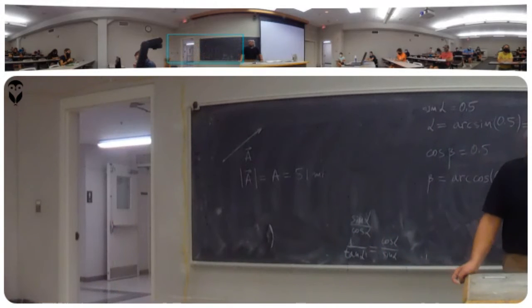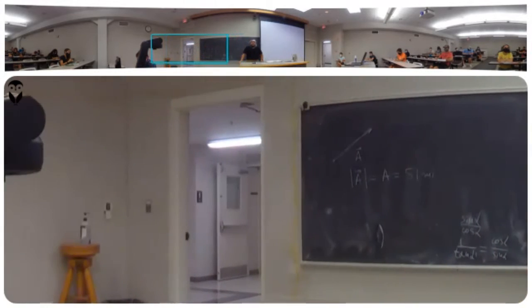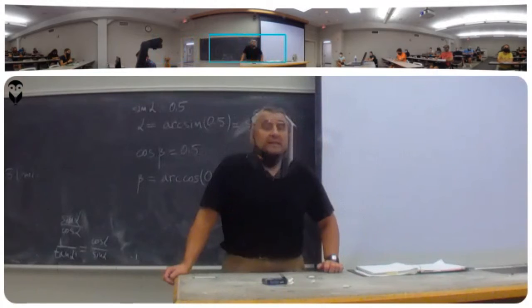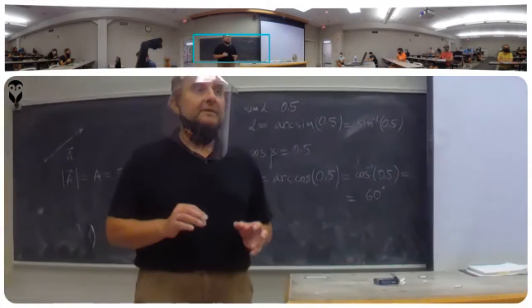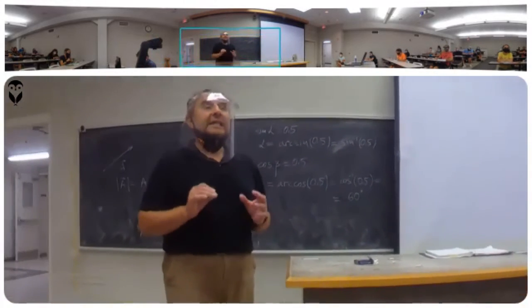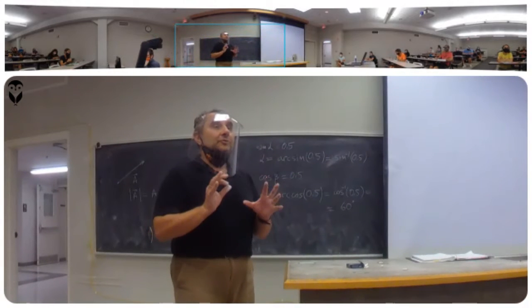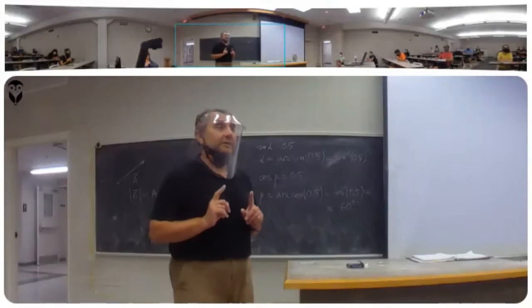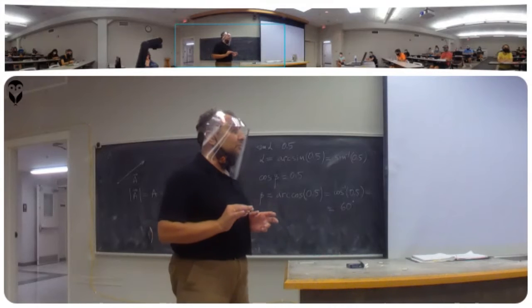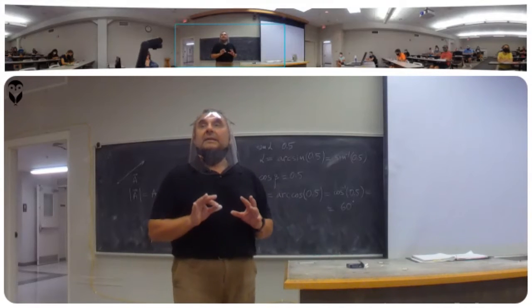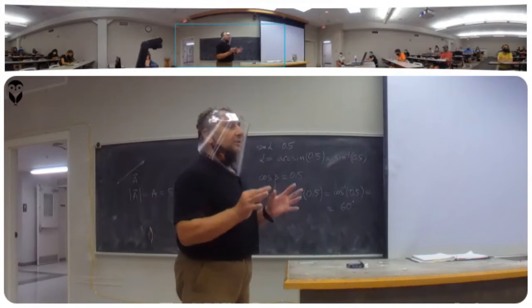Now, what is going to be the tricky part of this section is to define and keep in mind the rules for addition of two vectors and subtraction of two vectors, because those rules are a little bit not intuitive.